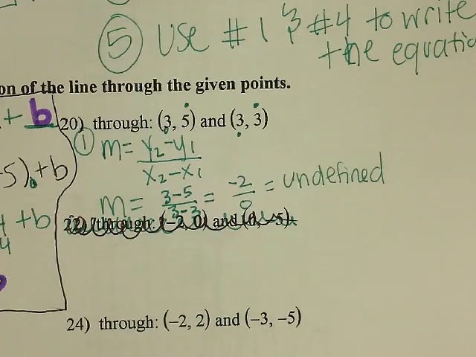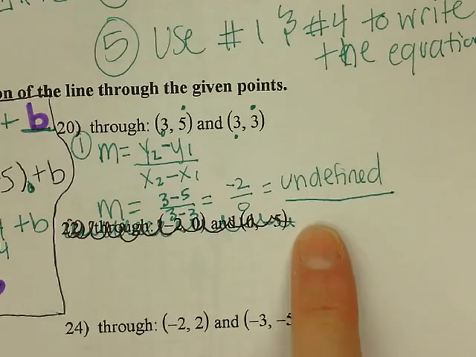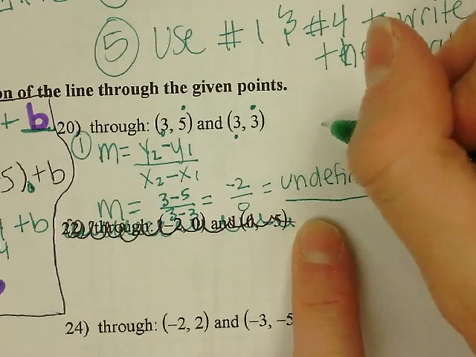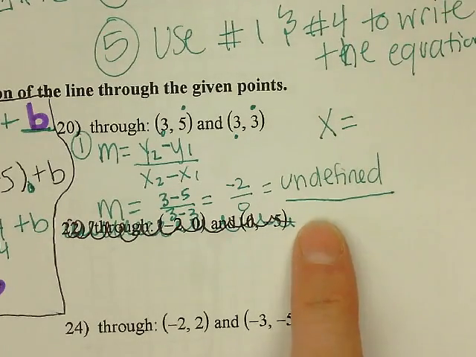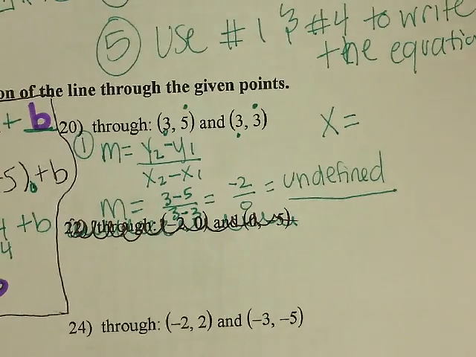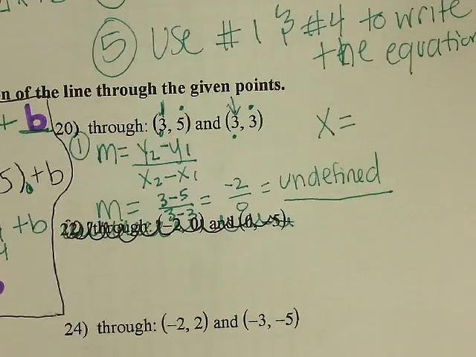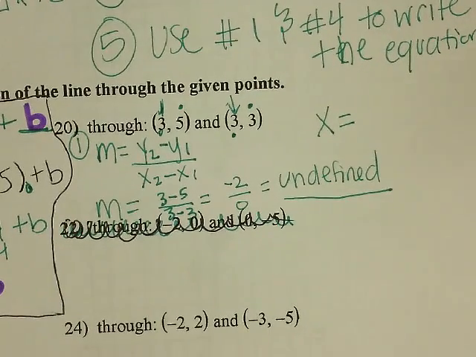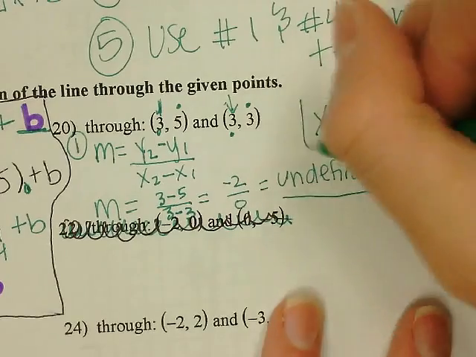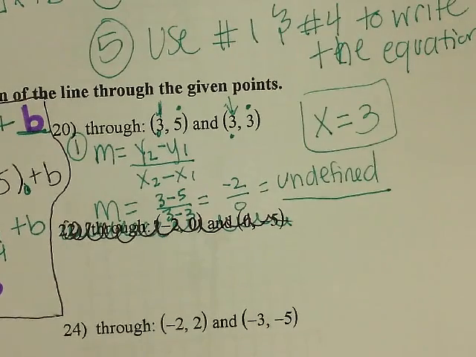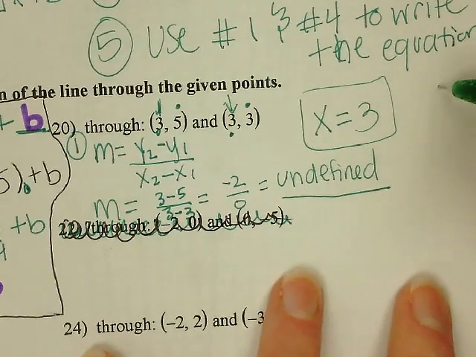So when you have an undefined slope, that means you start your problem off with x equals. Look at these x's. What do they both go through? 3. So x equals 3. There is no y-intercept. Our slope is undefined, so it goes up and down.